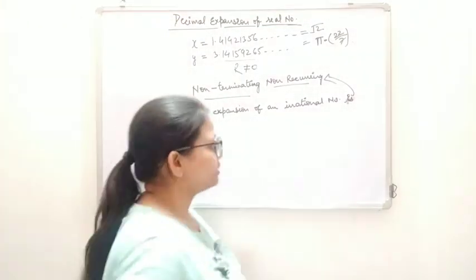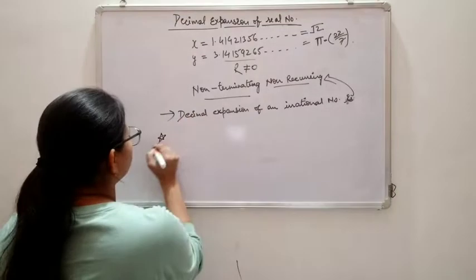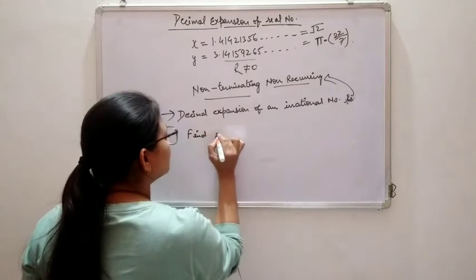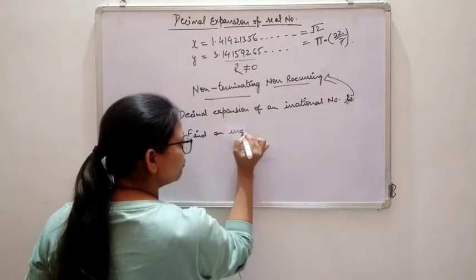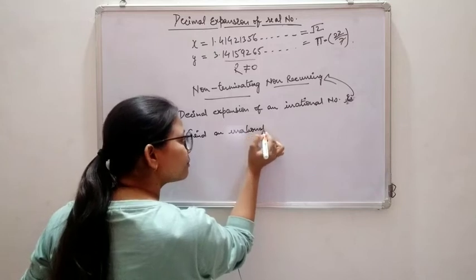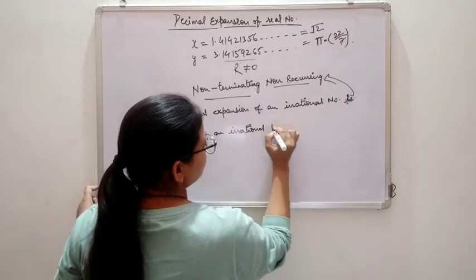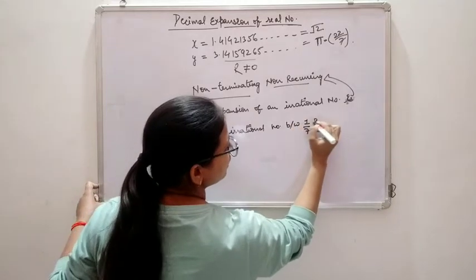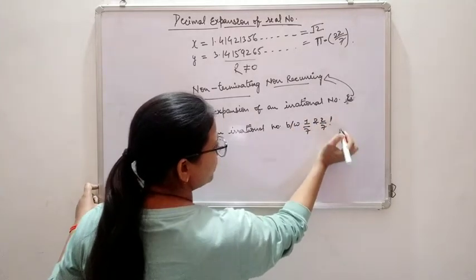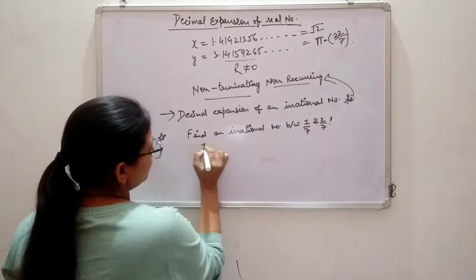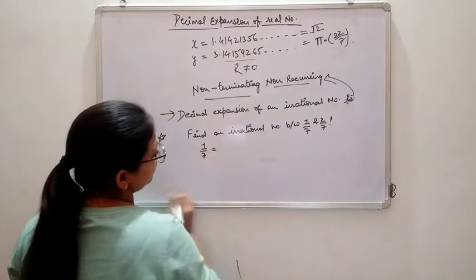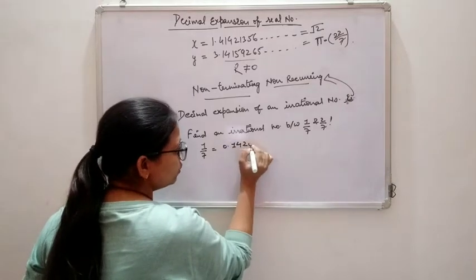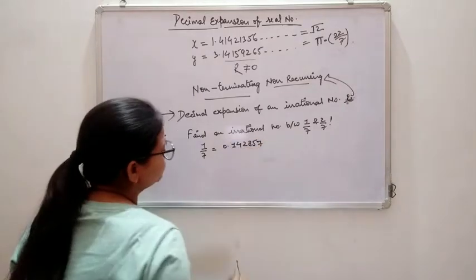Now let's take one example here. If I say find an irrational number between 1/7 and 2/7, right? So what is the value of 1/7? 0.142857, right?